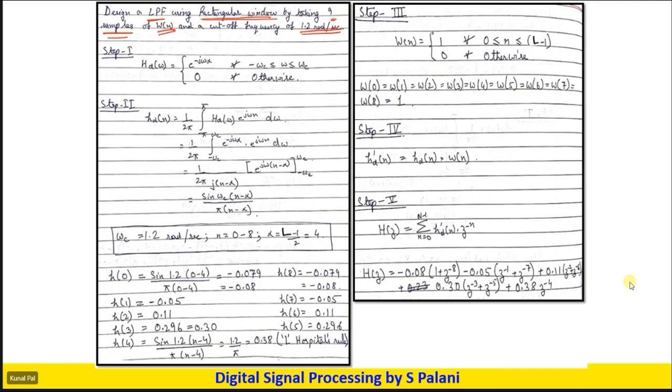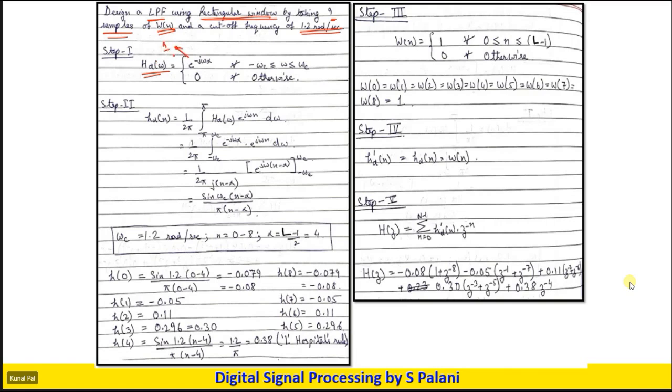In this case, the Hd omega is given by e to the power minus j omega alpha. Now, previously we discussed that it should be 1.